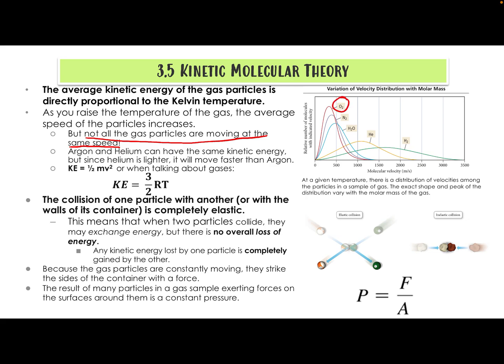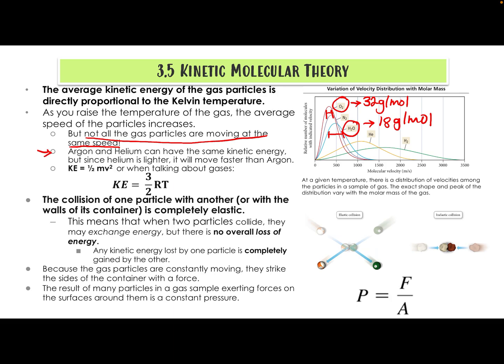So if we look at O2, we know O2's molar mass is 32 grams per mole, whereas H2O is about 18 grams per mole. And so what we see is that the average molecular velocity for O2 is much less than the molecular velocity for water, and that's because O2 has a greater mass than water.